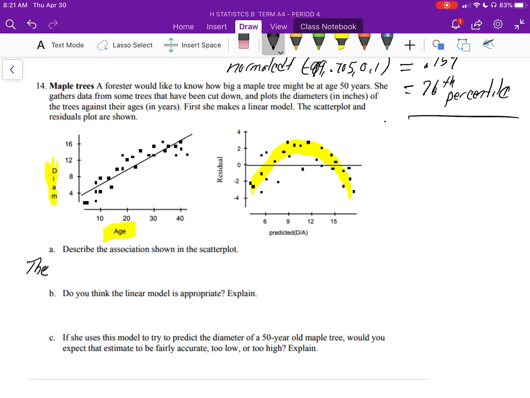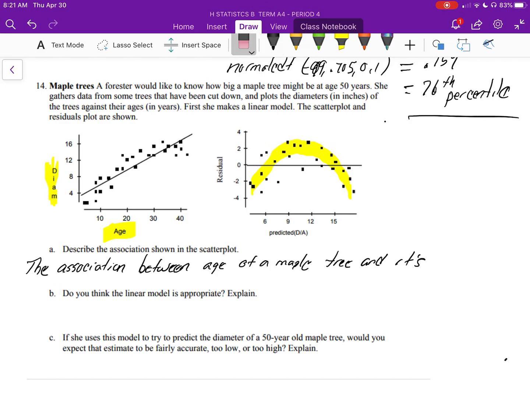the association between the age of a maple tree and its diameter is moderately, let's say moderately strong, positive.